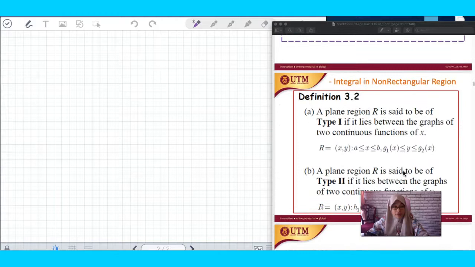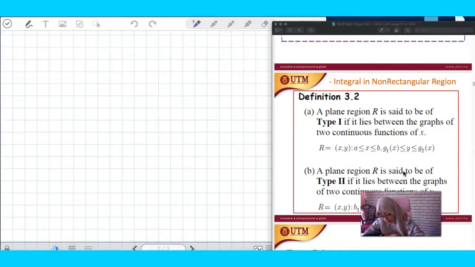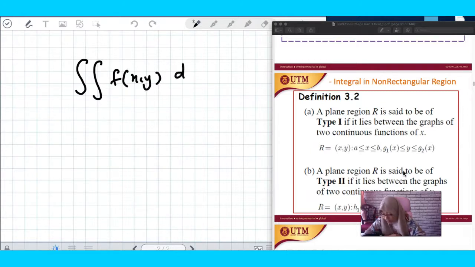Okay, so about the double integral over a non-rectangular region. Let's say now you have a double integral of a function in terms of x and y, with dA in general, over the region, and your region should be on the XY plane.